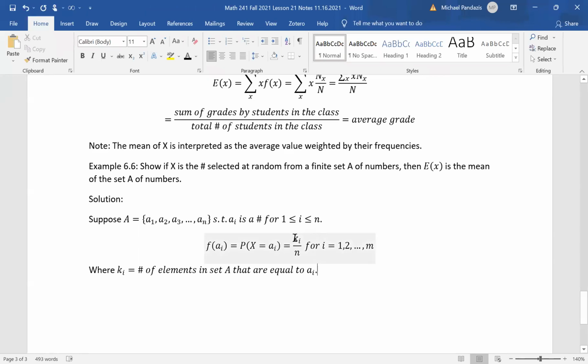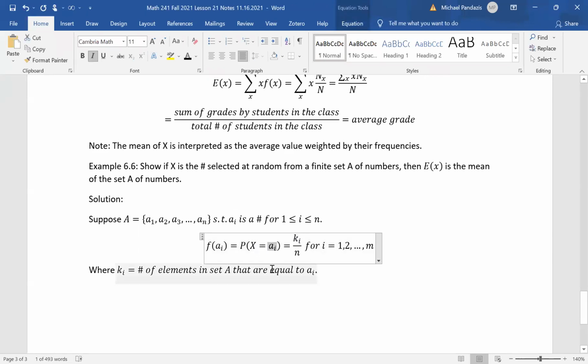Okay, so k sub i is just the number of times the number A sub i appears in set A.